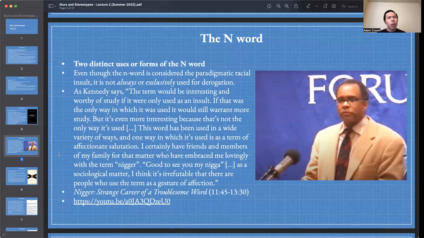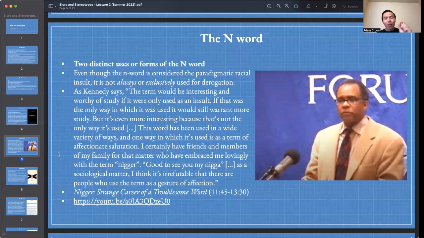Okay. So here we're seeing some of the reasons why this is such an interesting thing to study. On the one hand, slurs are the most offensive words in the language, or the most offensive kinds of speech acts, right? But on the other hand, they're not necessarily used in that way, right?